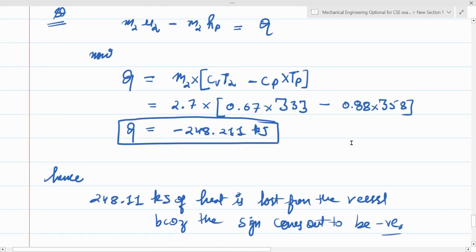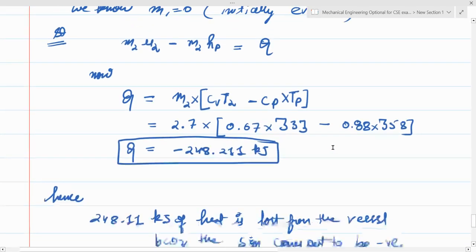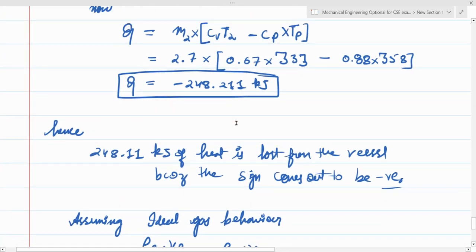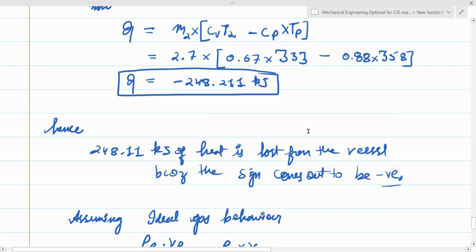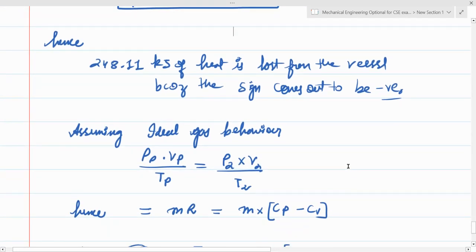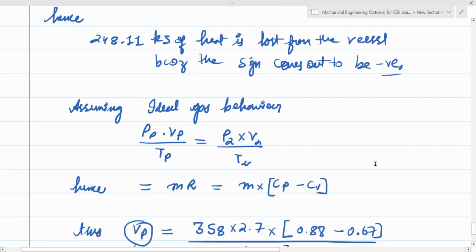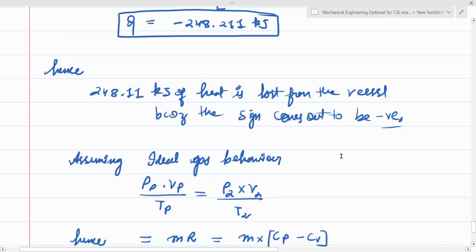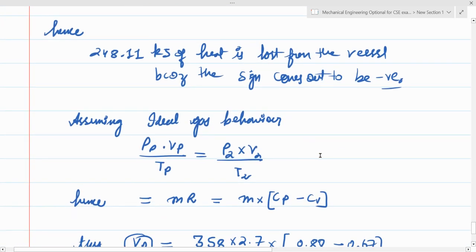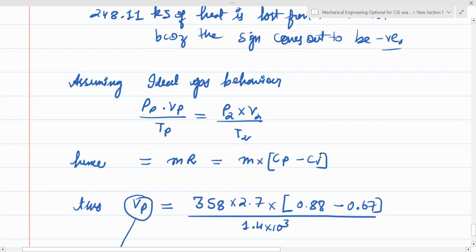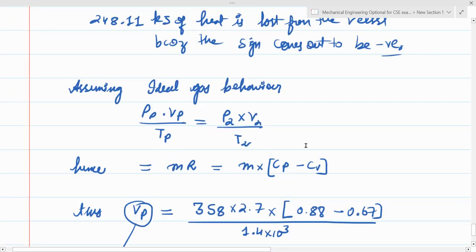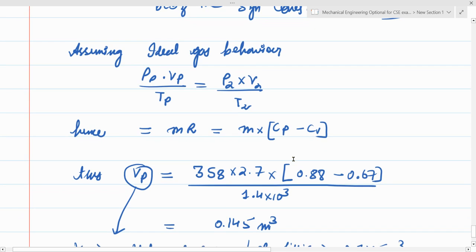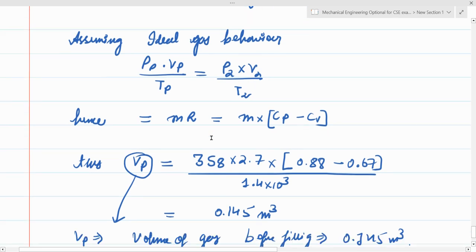Now Q is equal to M2 into Cv T2 minus Cp into Tp. Now Q comes out to be minus 248.211 kilojoules. Thus, 248.11 kilojoule of heat is lost from the vessel, and when we have found out the heat, we can also find out the volume of the gas before the transfer takes place.